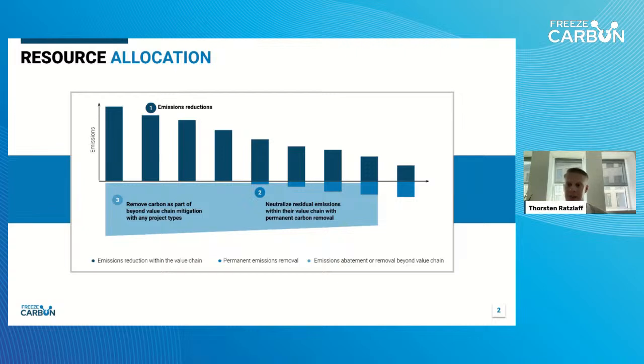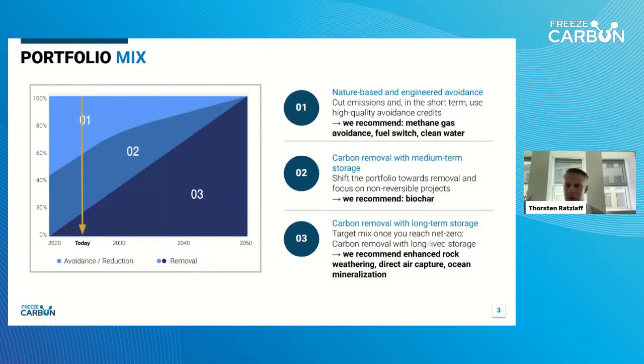So thirdly, I want to show you a little bit of a portfolio mix, and this is derived from the Oxford Principles. Oxford University published the Oxford Principles around which projects you should mix together. And they updated this just a couple of months ago, at the end of 2023.